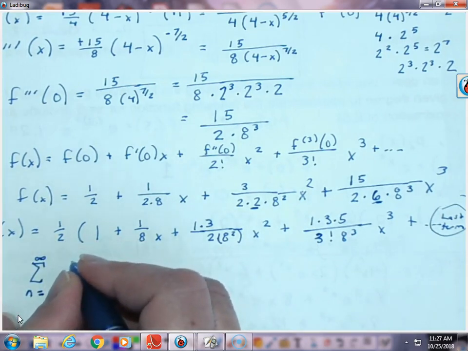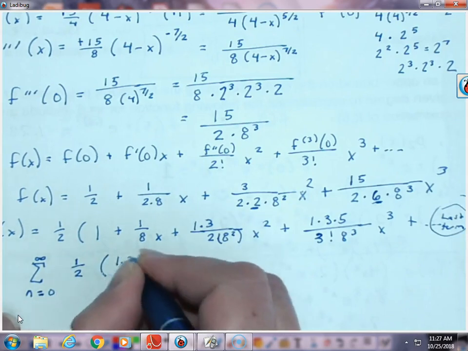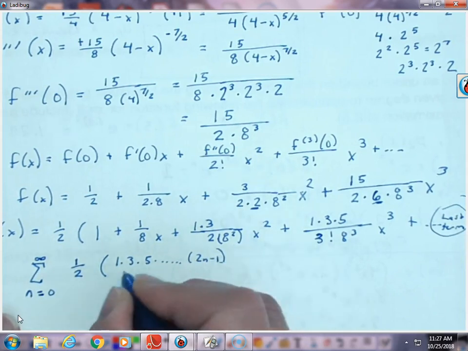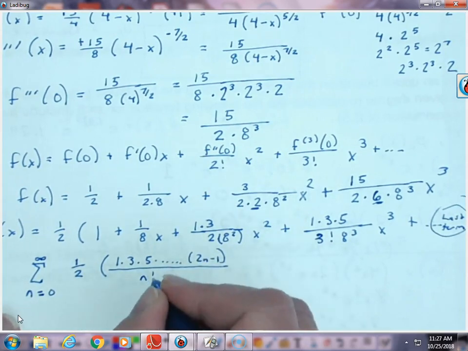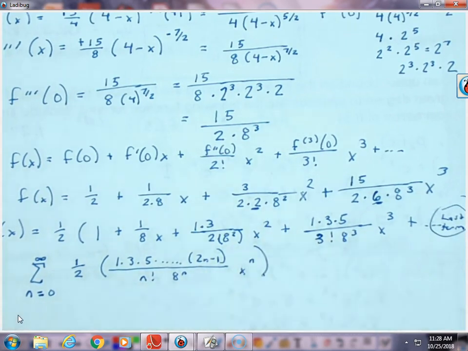And so our pattern is that we have the 1/2, we can't forget the 1/2, and we have 1 times 3 times 5 times dot, dot, dot, 2n minus 1, over n factorial 8 to the n x to the n. So that's our infinite series, and we want to find its interval of convergence and radius of convergence.